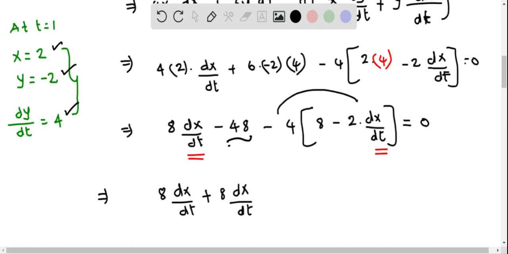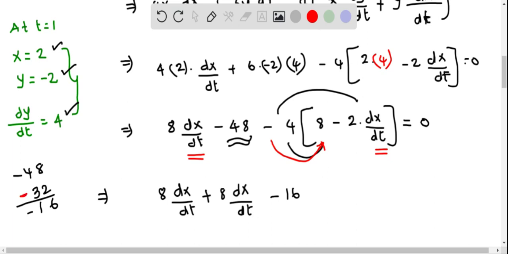Now this is -48, and when we distribute -4 times 8, we get -32. I made a mistake a moment ago, it is not positive 32, because multiplying -4 with positive 8 gives -32.